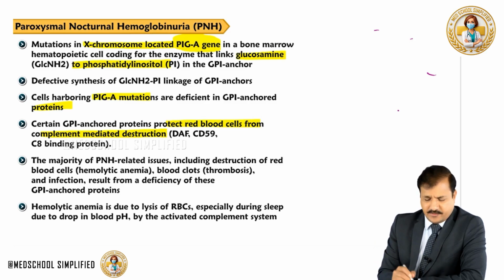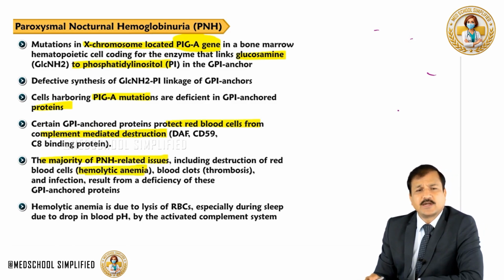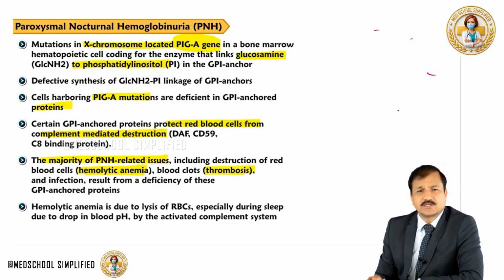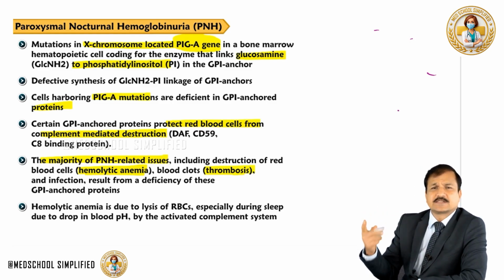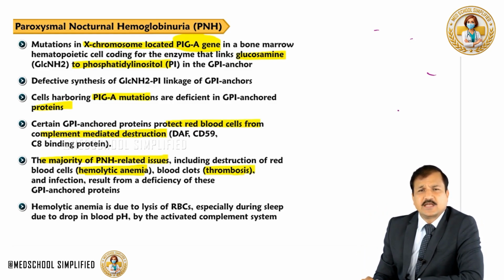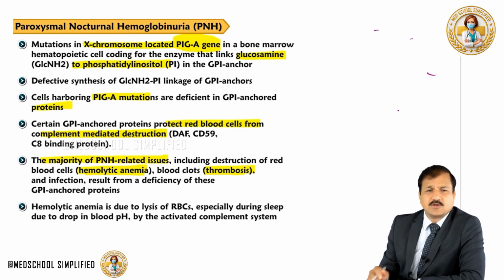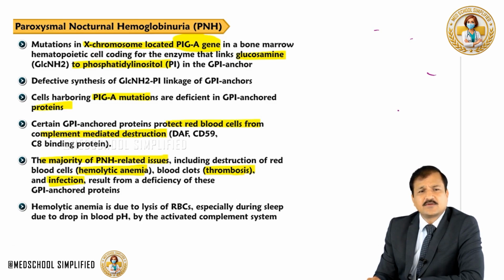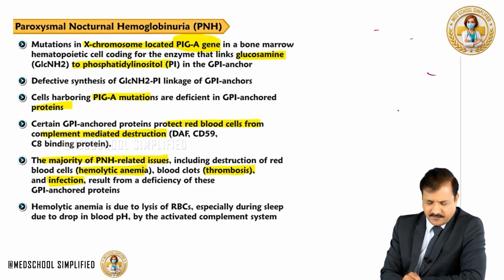Majority of the issues include destruction of red blood cells, that is, the patient will show severe hemolytic anemia. There can be blood clots like thrombosis because the clotting mechanism is affected, because the platelets express CD59, DAF and all that. And also the risk of infection, which all result from deficiency of GPI anchored proteins.